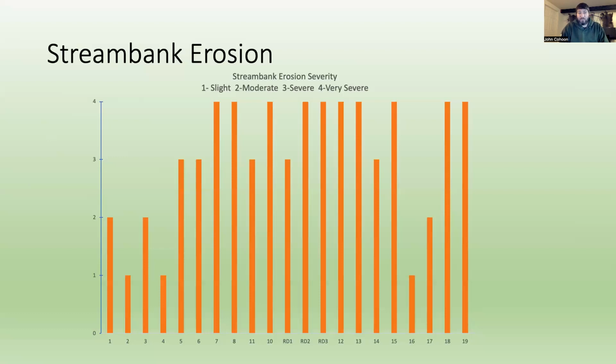We're not seeing the same kinds of stream bank erosion that we're seeing along most other parts of the creek, and generally the creek seems to be very healthy. That would explain why the stream bank erosion at that site is so much less than the other portions of the creek.